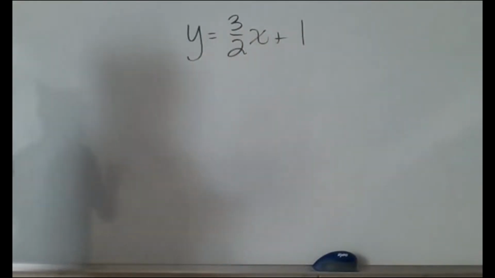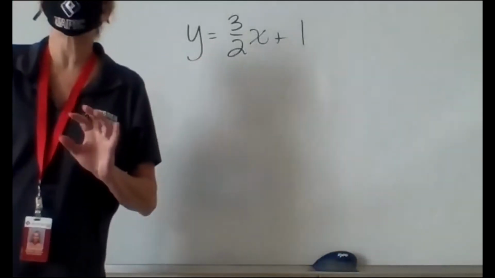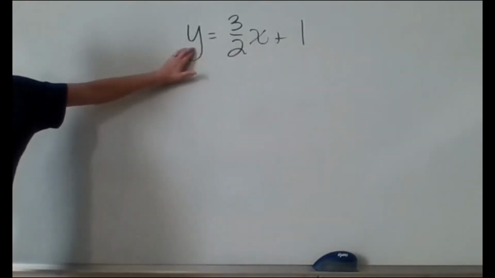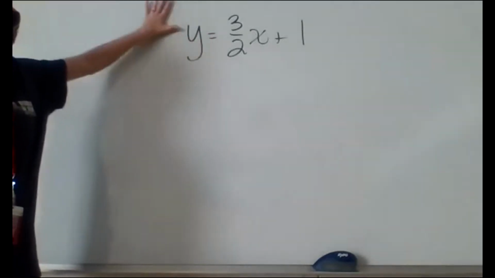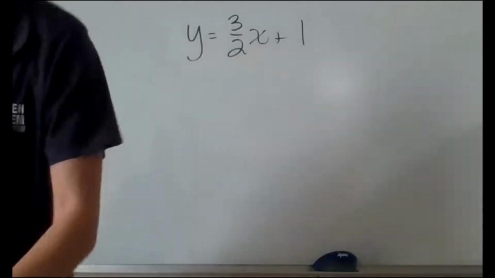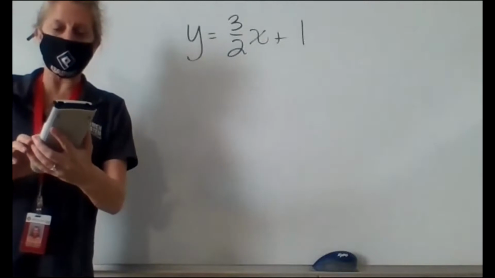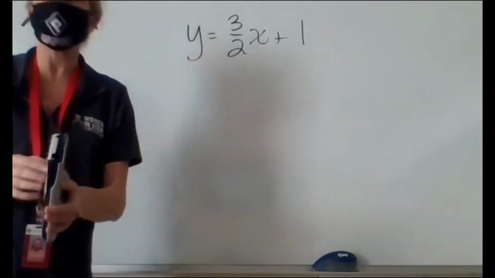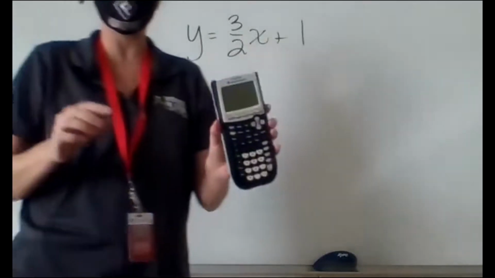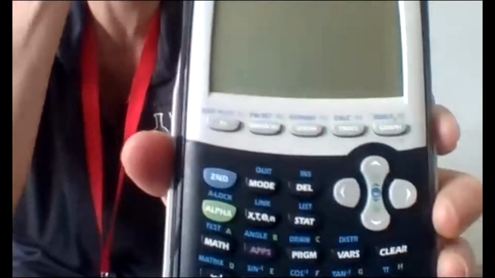The first thing you want when doing any kind of graph is for the y to be by itself. You want it to say y equals, with nothing else over here with the y. There are many reasons for that, but one of the main ones is that when you graph in your calculator, it has a y equals button.